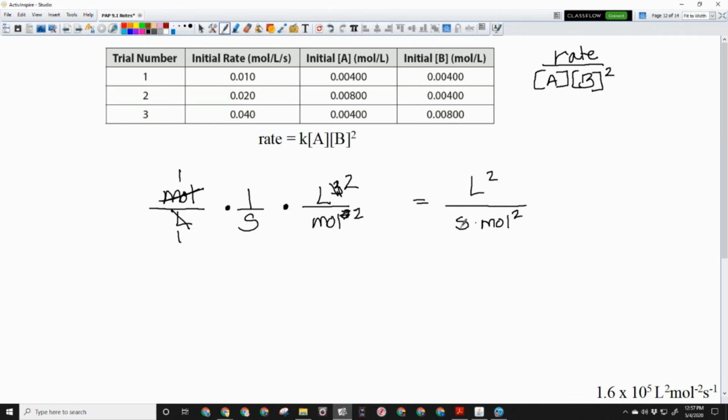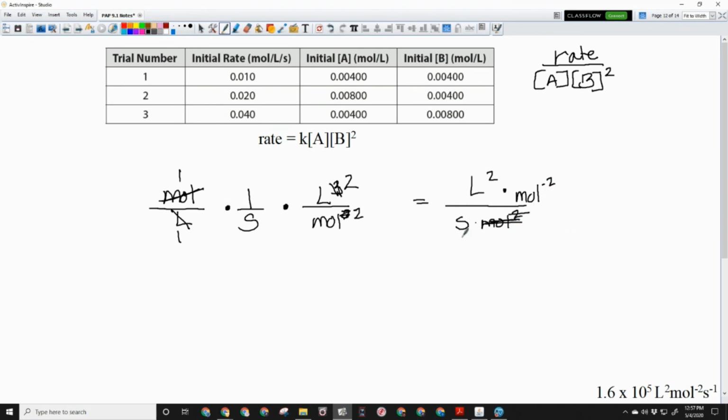So the way that we do that is, if you have something that has an exponent and it's in the denominator, you can pull it up to the top here, okay? But it's going to be the negative of this exponent. So this is now going to become moles to the negative 2, okay? So we got rid of it here.